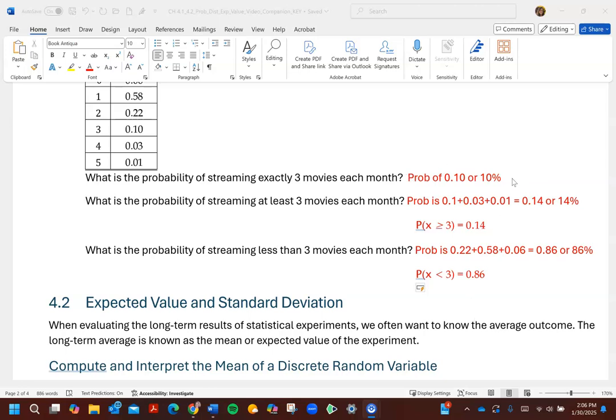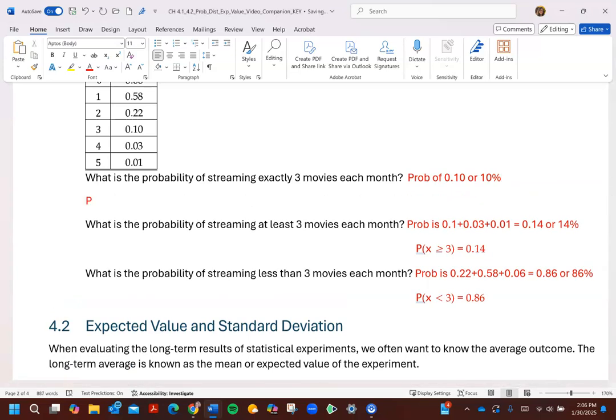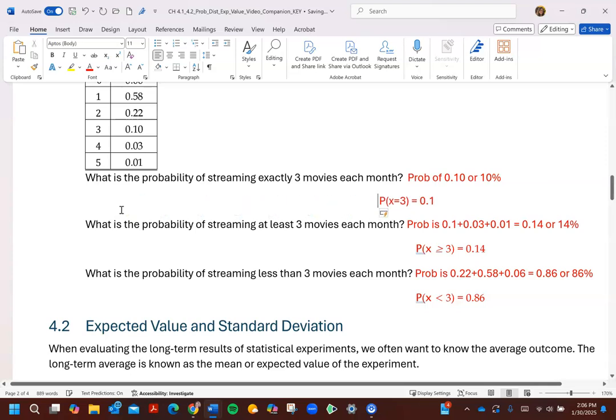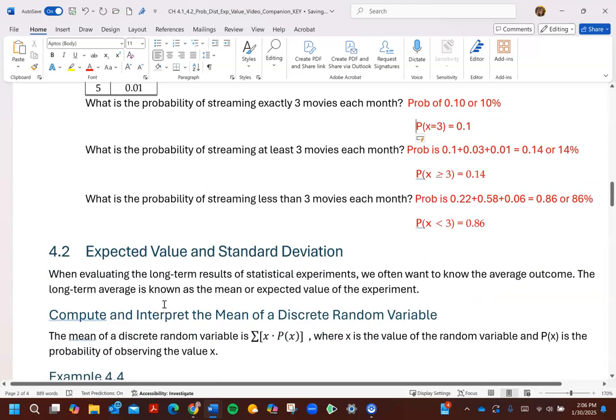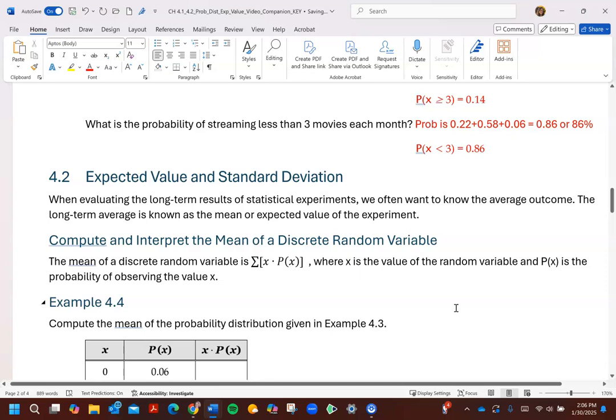For exactly, I would write P(x = 3) = 0.1. You'll be using this notation, so I want to make sure you're familiar with it.